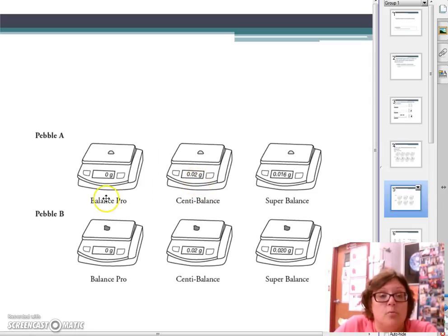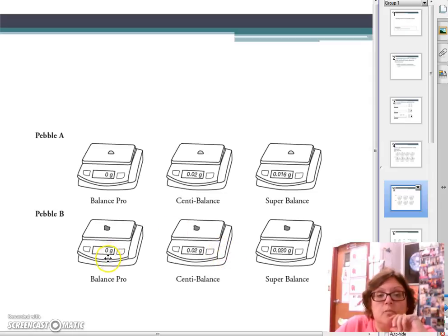So this is more precise than this guy. This one, the superbalance, is even more precise. It goes to the 1/1000th. So this balance is the most precise of all. If we round that, though, and just round to one digit, even to 1/10th, those would both round to a 0, which is why this comes out as 0.